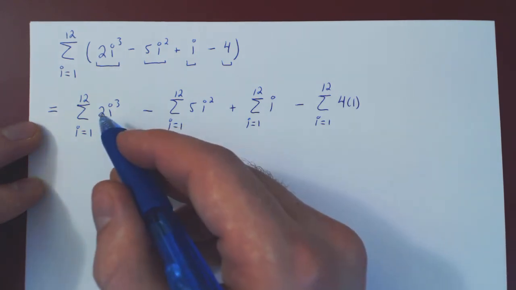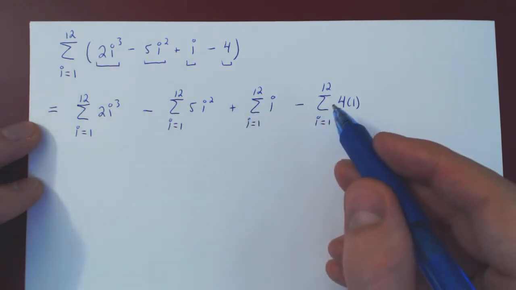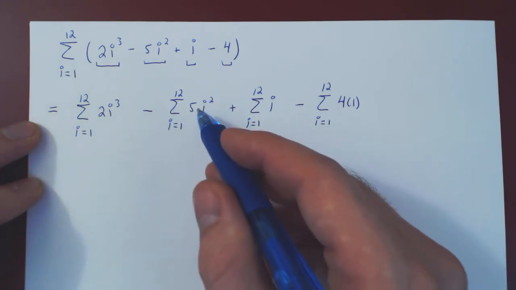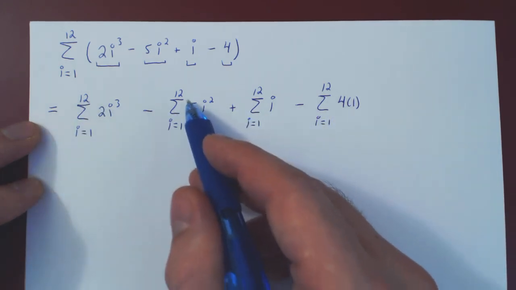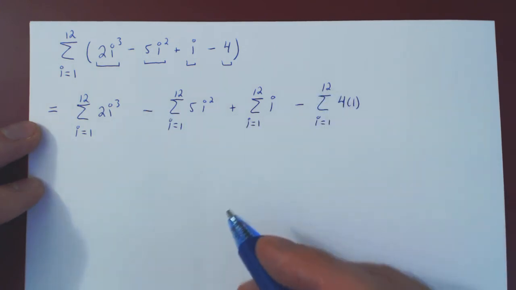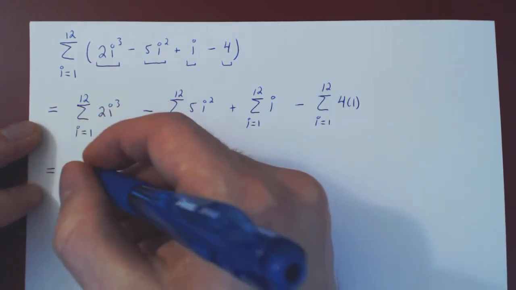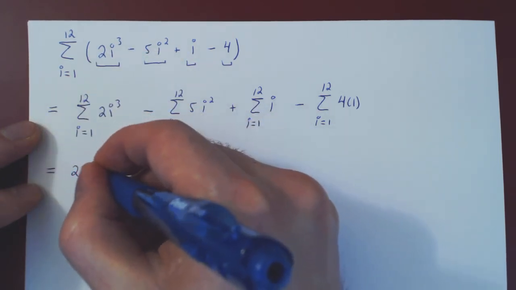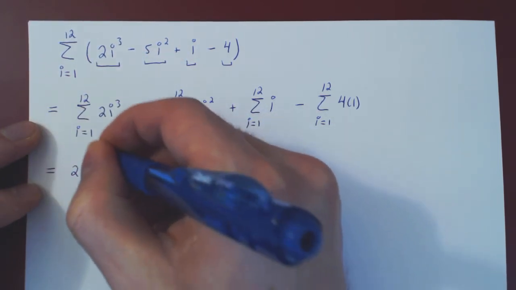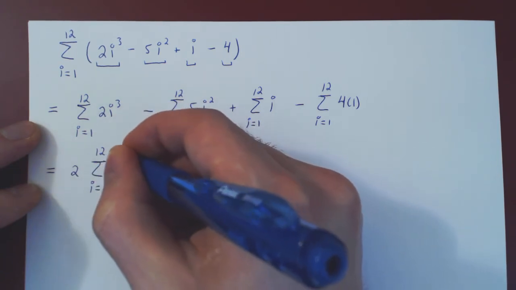Second step, let's get rid of all of these scalar multiples. These are constant multiples, and our first property was that we could move constant multiples outside of the summation. So we have now 2, moving it out, times the sum, i going from 1 to 12, of i cubed.